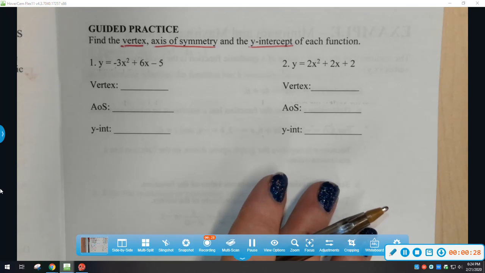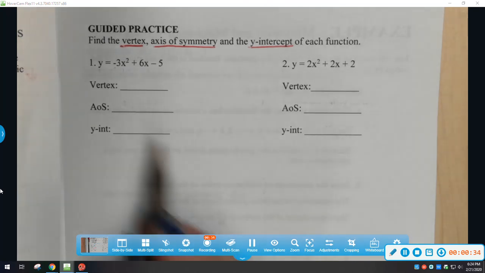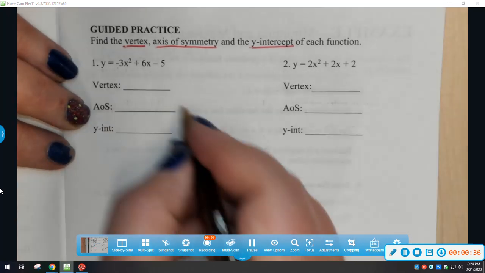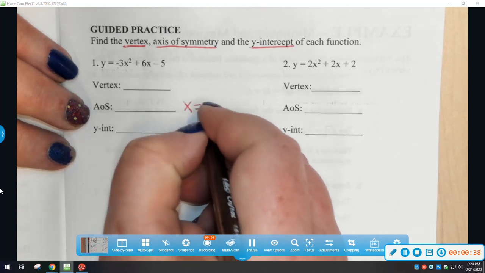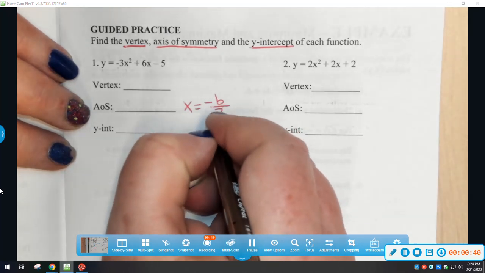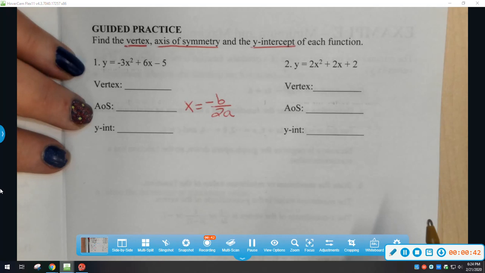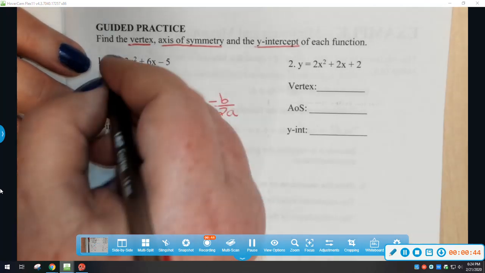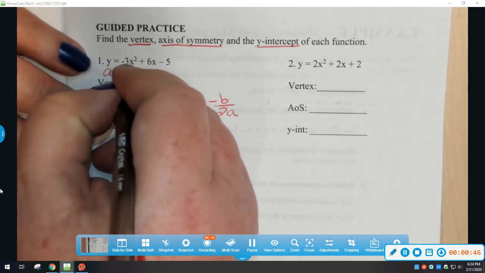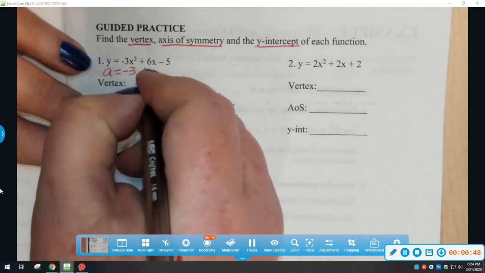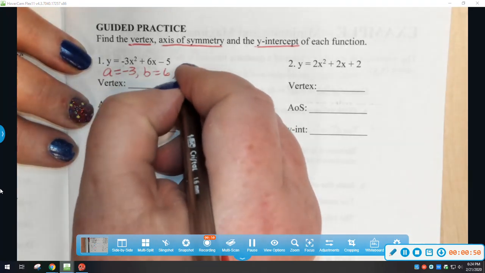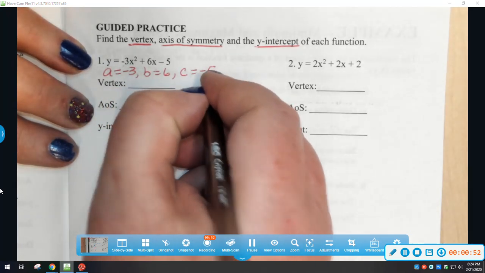So the first thing to do to find our axis of symmetry and our vertex, we first find our axis of symmetry, and we had an equation for that. X equals negative b over 2a. So looking at our function, a is negative 3, b is 6, c is negative 5.